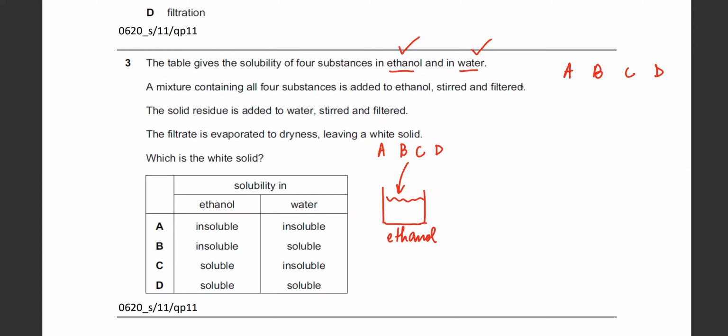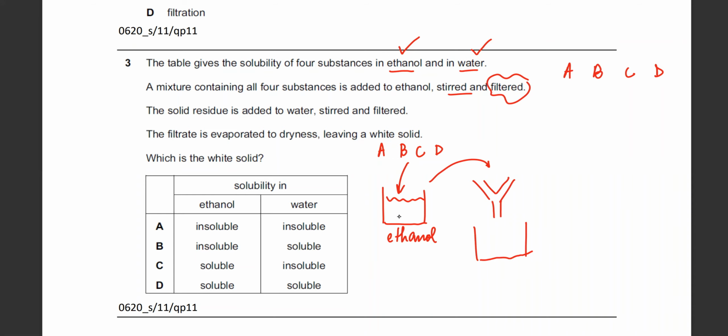And then what he does is he stirs it. So maybe A is soluble, so A would dissolve, or B is soluble, or C is soluble. So some of them would dissolve, some of them will not dissolve. So what he does is he filters it. He pours it through a funnel into a filter paper, and he filters it.